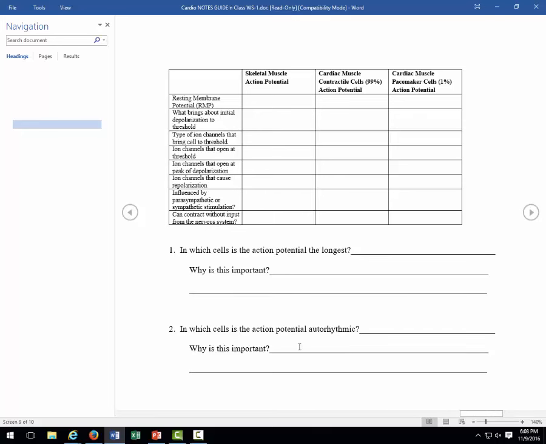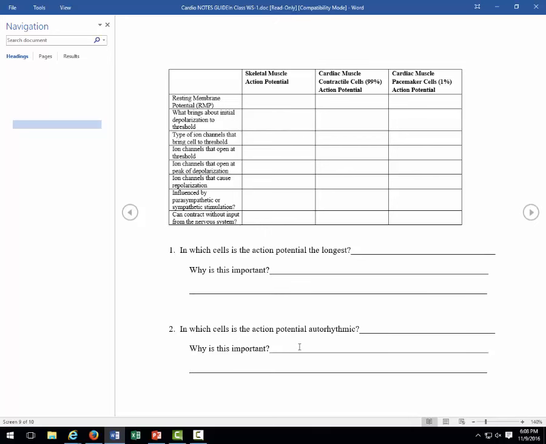And in which cells is the action potential autorhythmic? Pacemaker cells. Why is that important? It doesn't require the nervous system's input, so the heart can keep its own beat, and it can respond to the needs of the heart itself.